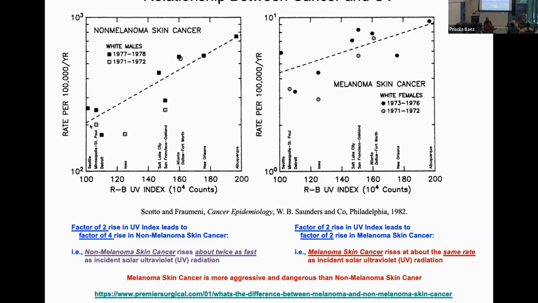We see about a 2-to-1 relationship between UV exposure and this UV index. This is a log scale. On this side, I'm showing for females the scary cancer, melanoma, with about a 1-to-1 relationship. And this was published way back when. And I actually grabbed this figure from my PhD dissertation, which I had put in there. So this is some epidemiological data.